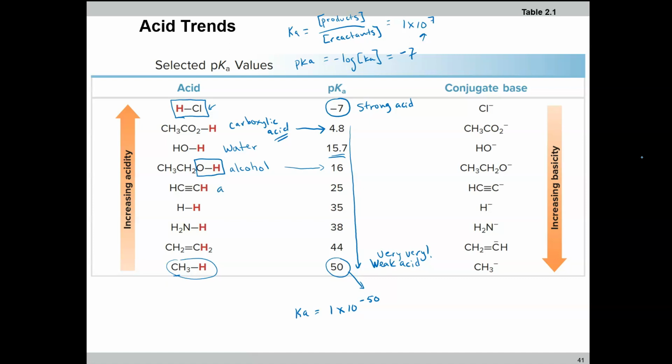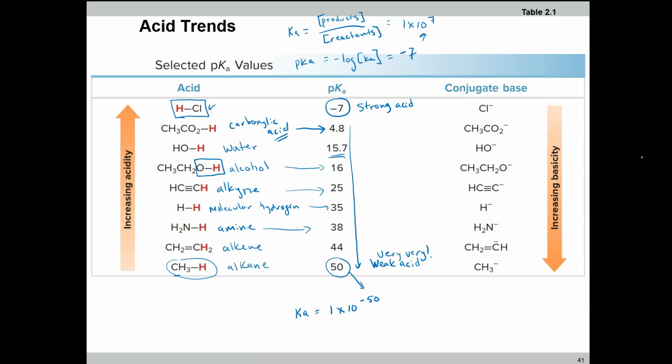So here we have an alkyne. And you can see that that's about 25. We just have a hydrogen, molecular hydrogen. At 35, we're getting weaker and weaker. An amine, even weaker at 38. An alkene and an alkane.